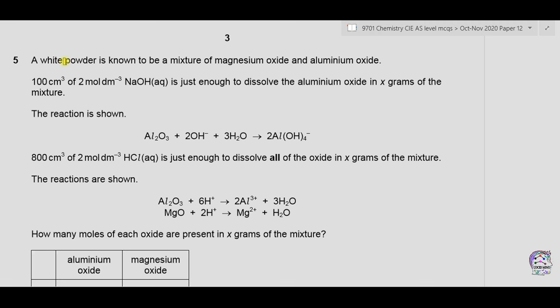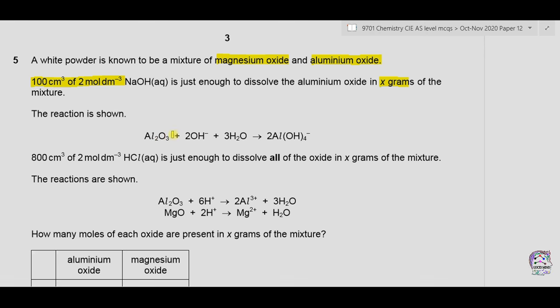Question number 5. A white powder is known to be a mixture of magnesium oxide and aluminum oxide. 100 cm³ of 2 mole per decimeter³ sodium hydroxide is just enough to dissolve the aluminum oxide in X grams of mixture. The reaction is shown.